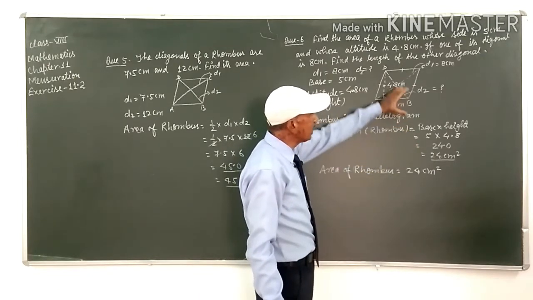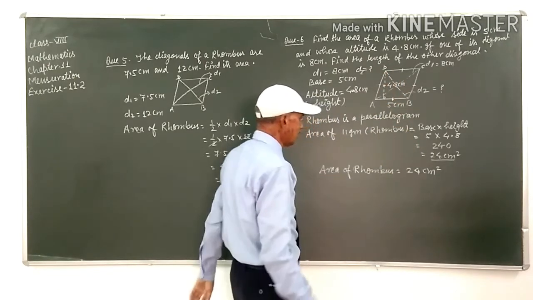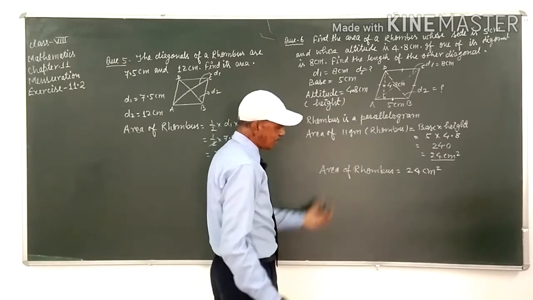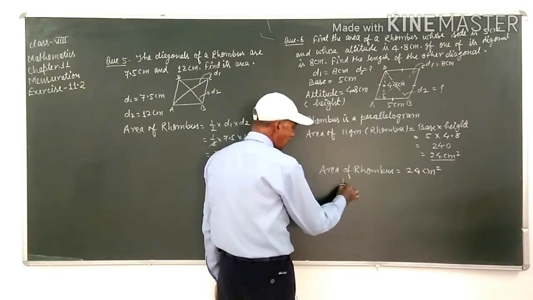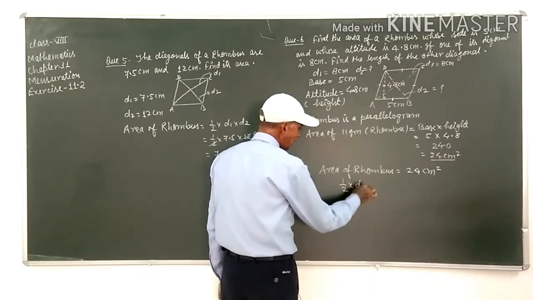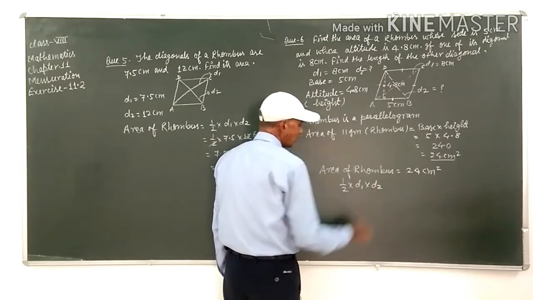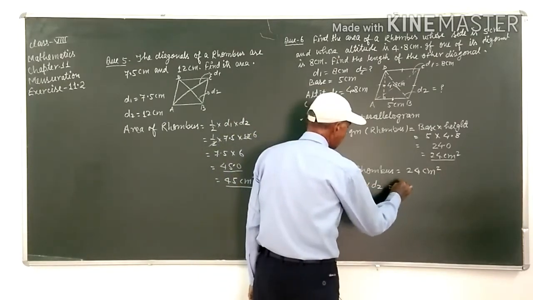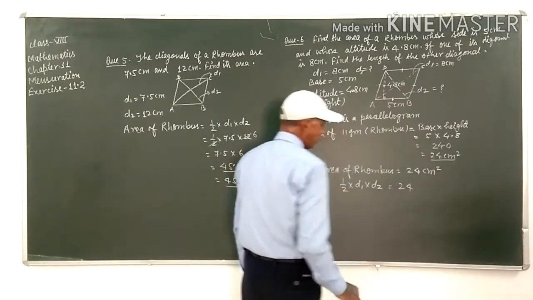Now we know the formula of area of rhombus, that is 1 by 2 into D1 into D2, diagonal first into diagonal second, is equal to 24.